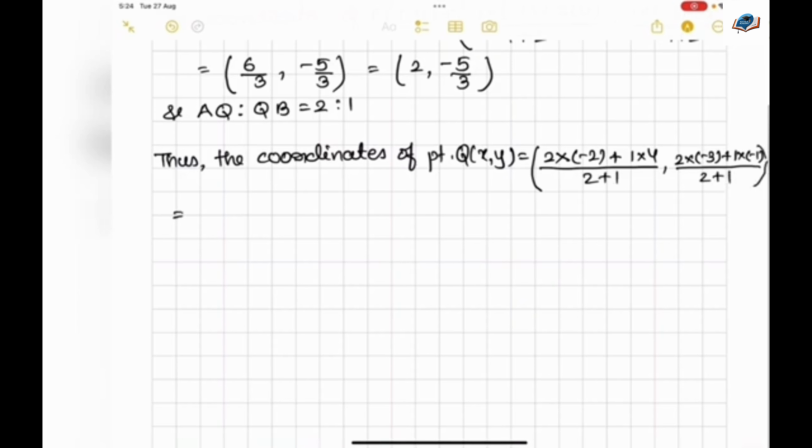So this comes to 0 by 3, comma minus 7 by 3. So that is 0, comma minus 7 by 3. Hence I got both the points P and Q.